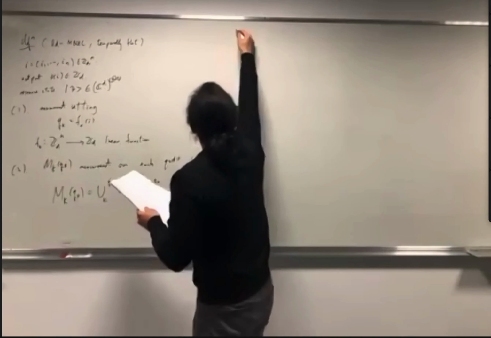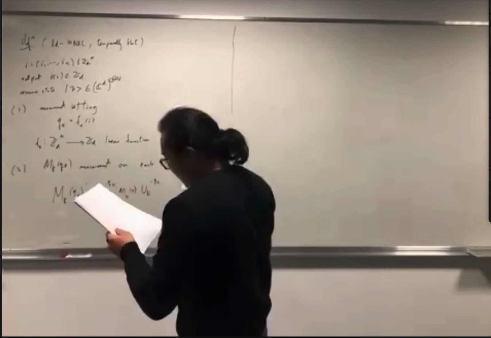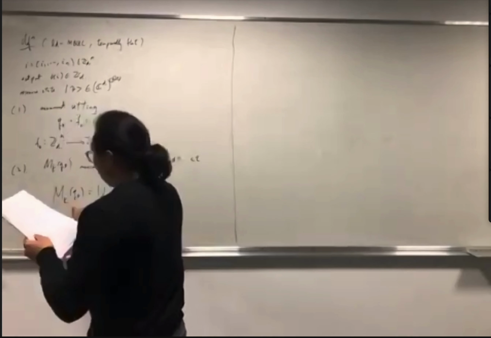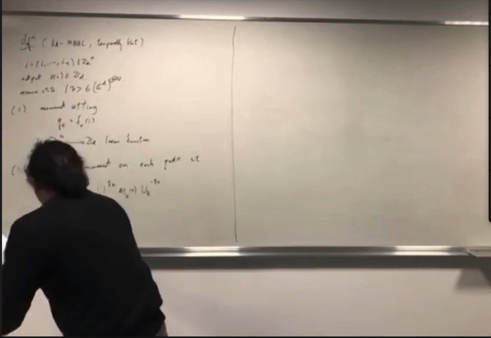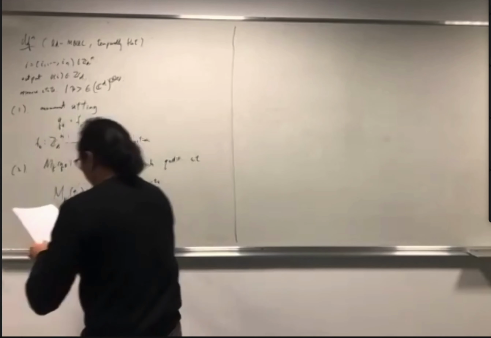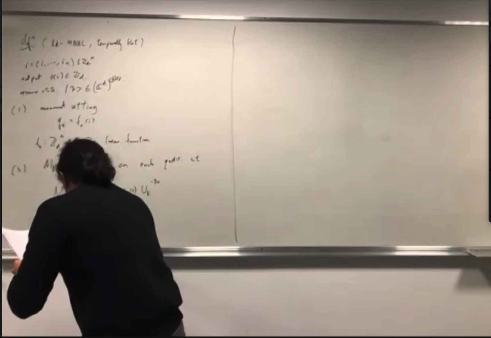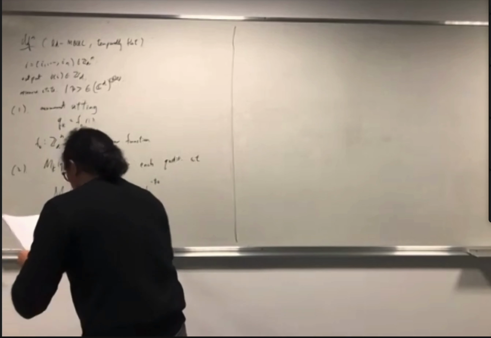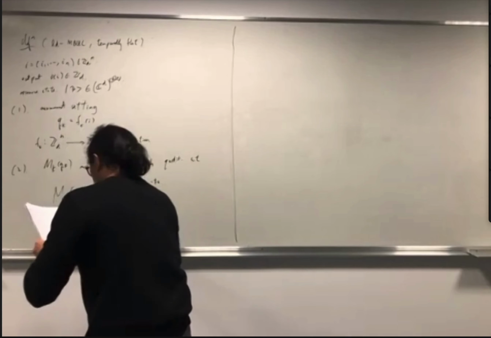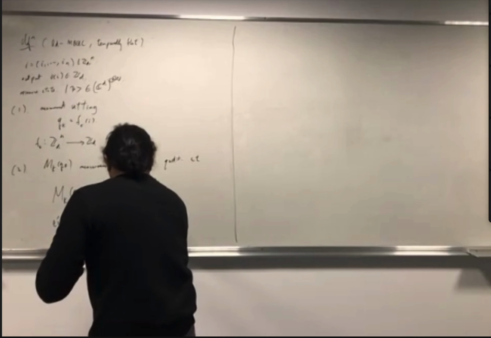Okay. And the thing is, when you have a measurement, then you have some eigenvalue of this form. You have omega raised to a certain power, where omega is e to the 2 pi i over d.